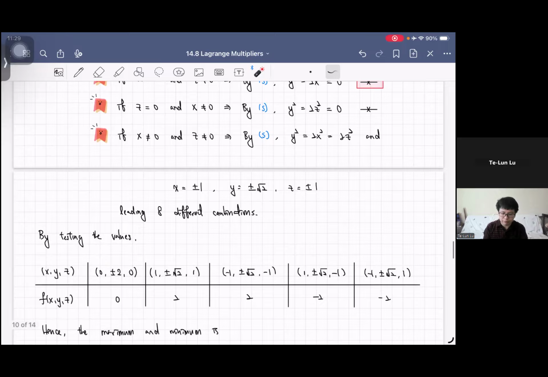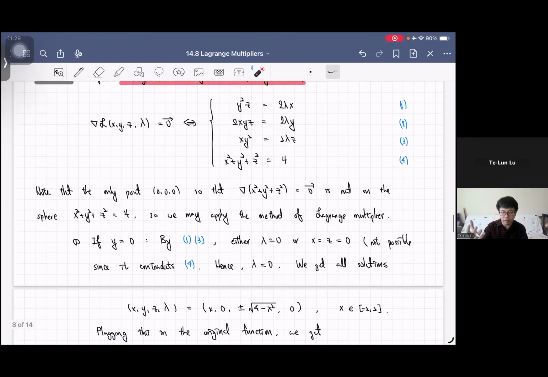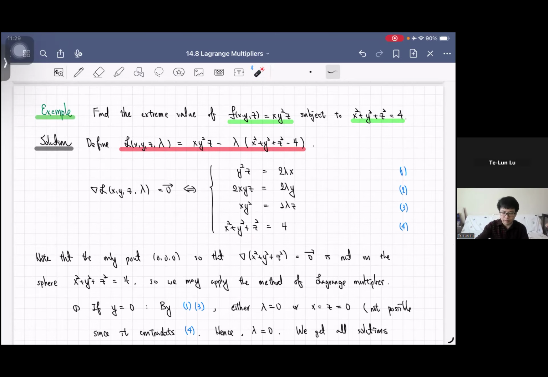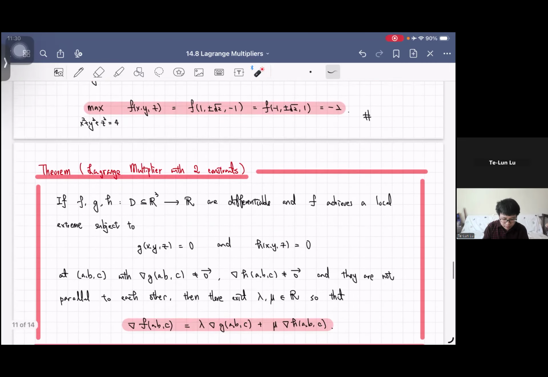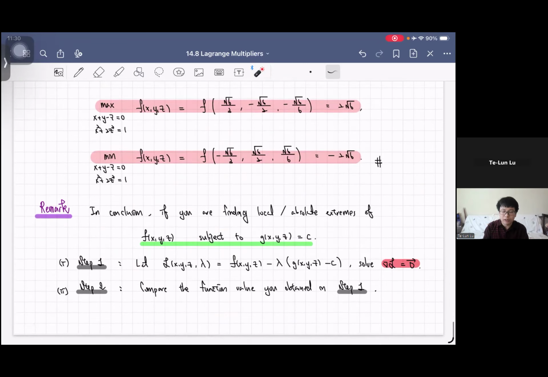Right. So that should be the first example of you solving Lagrange multiplier problems using the Lagrangian. And we'll do one more afterwards. So in conclusion, if you want to solve Lagrange multiplier extreme value problems on a constraint, the way to do this is to set up the Lagrangian by f of x, y, z minus lambda, the actual Lagrange multiplier, together with the constraint g of x, y, z minus c.